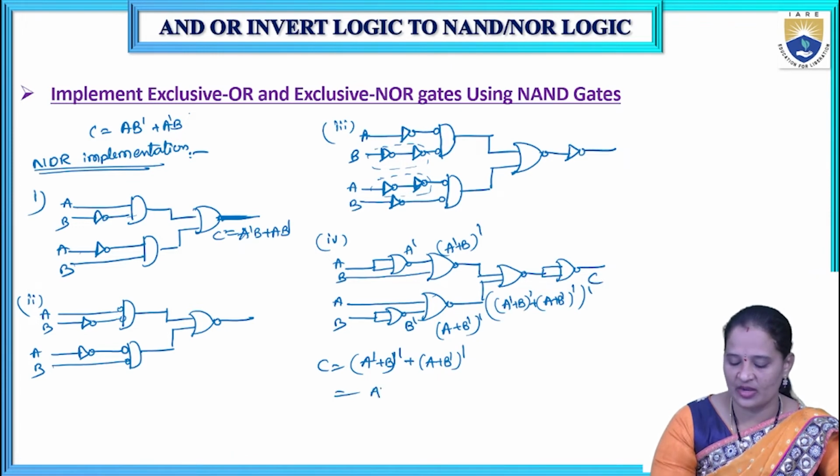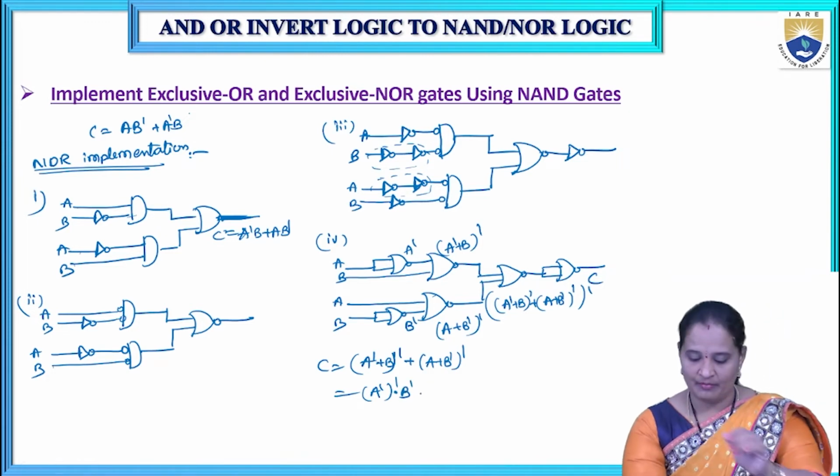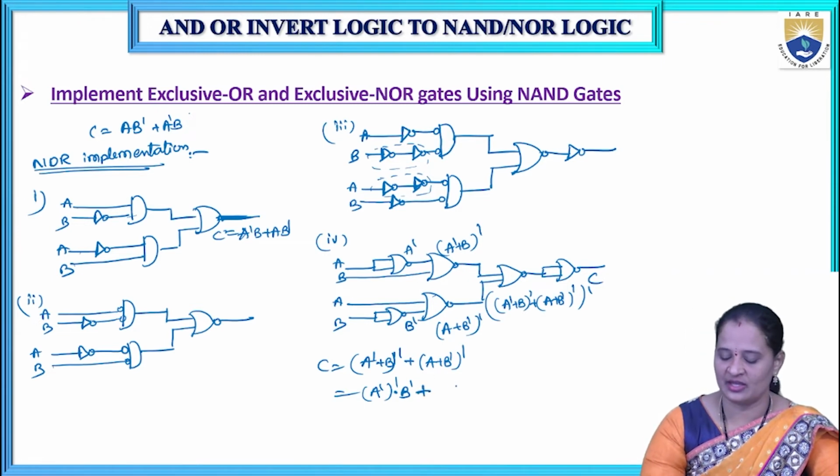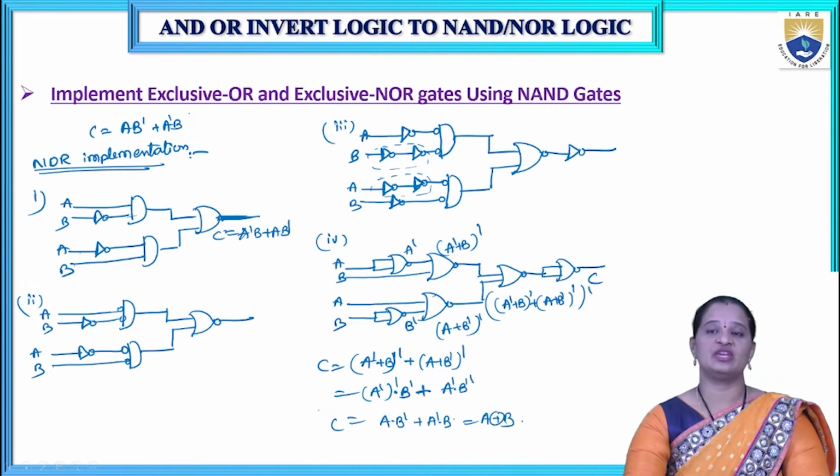Now expand this one: A bar whole bar, this plus becomes dot into B bar. And this is plus again here, A bar dot B bar whole bar. So what will I get? This becomes B. So A dot B bar plus A bar B. So this is my exclusive OR. This is the implementation of the exclusive OR gate using NOR gates.